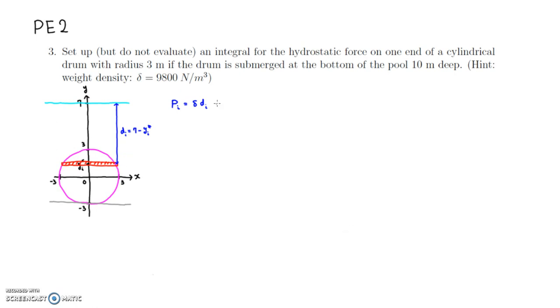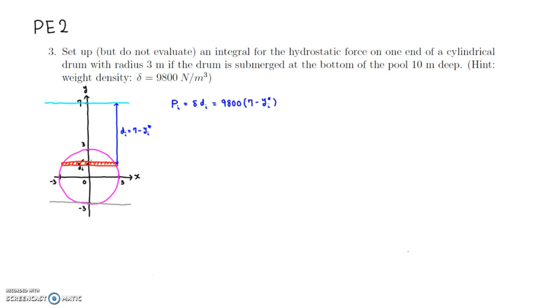Water density is given to be 9800, and di is 7 minus yi star. That will give us the pressure at this level.